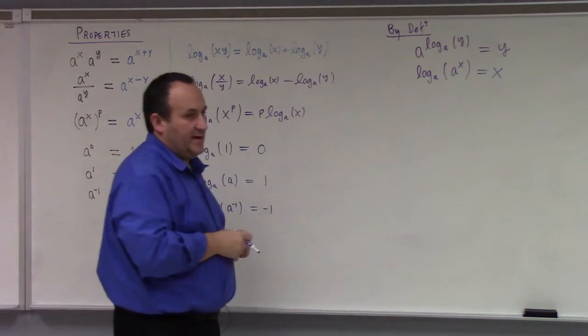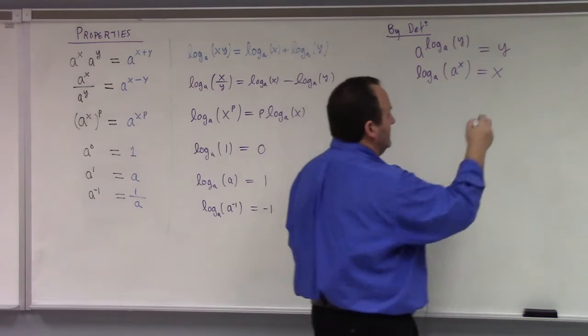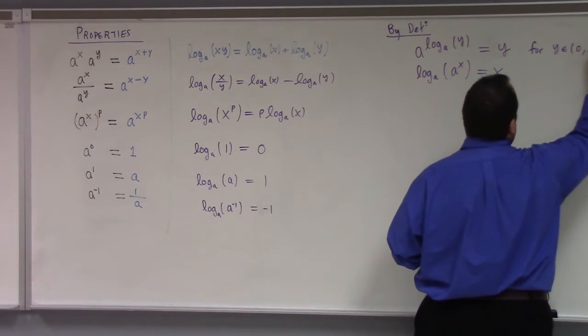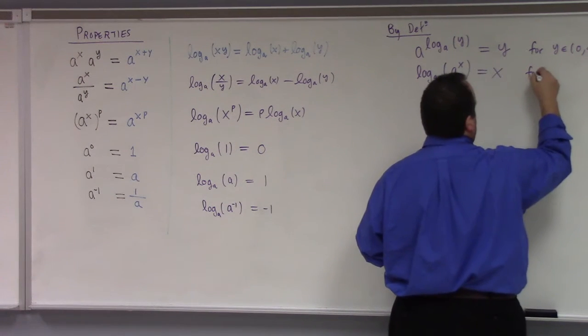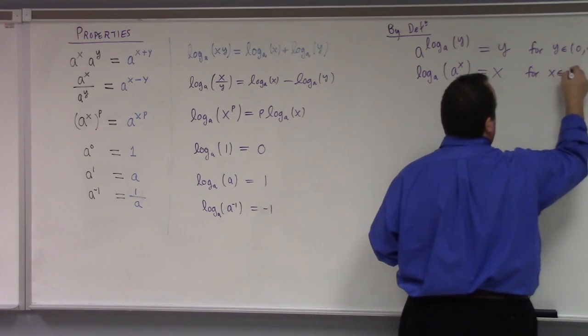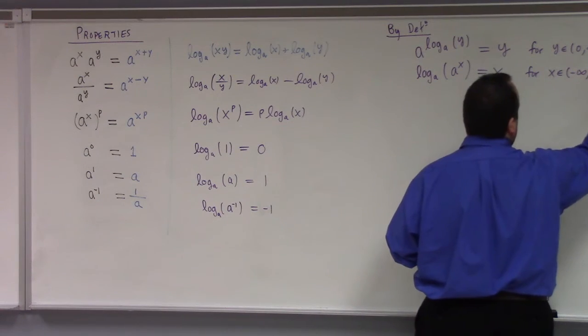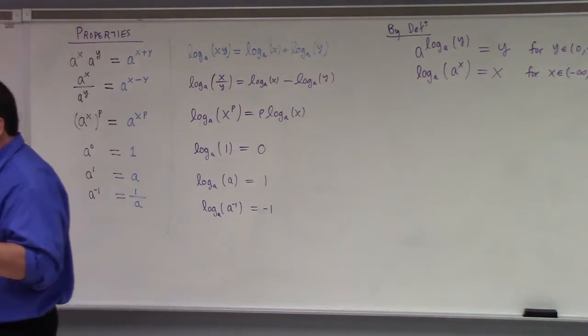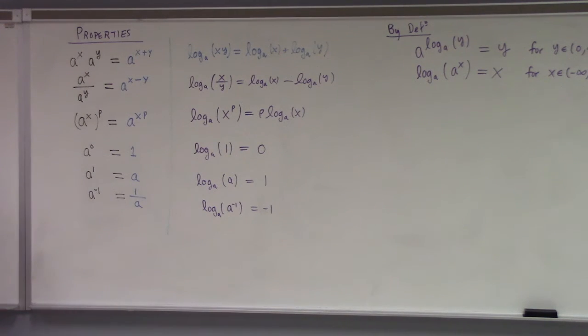The identity on the top is true for y positive, y an element of 0 to infinity, and the last one is for any real x, from minus infinity to infinity. Okay, so this is how it works. These are the main tools we have to work with.